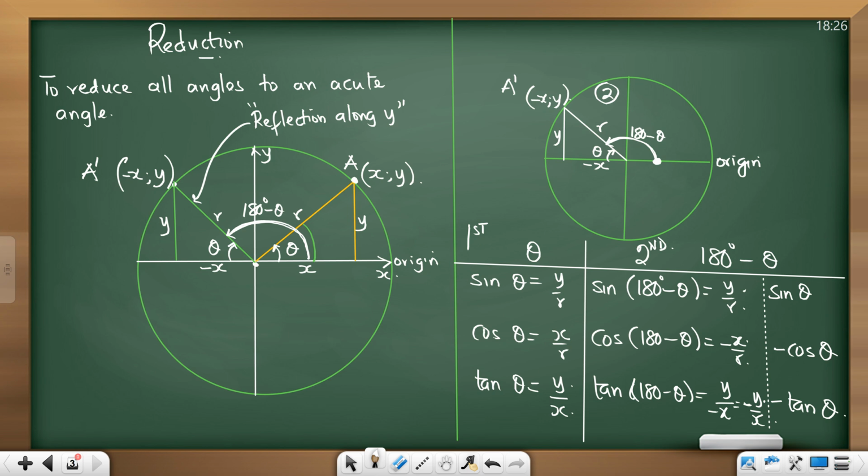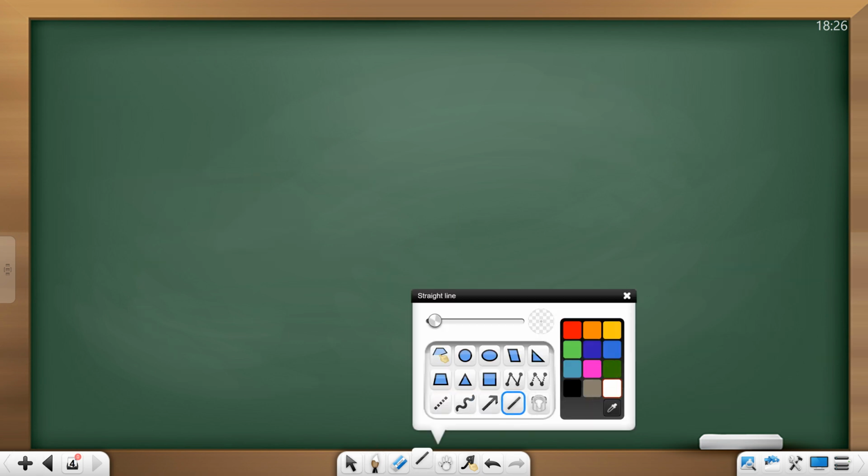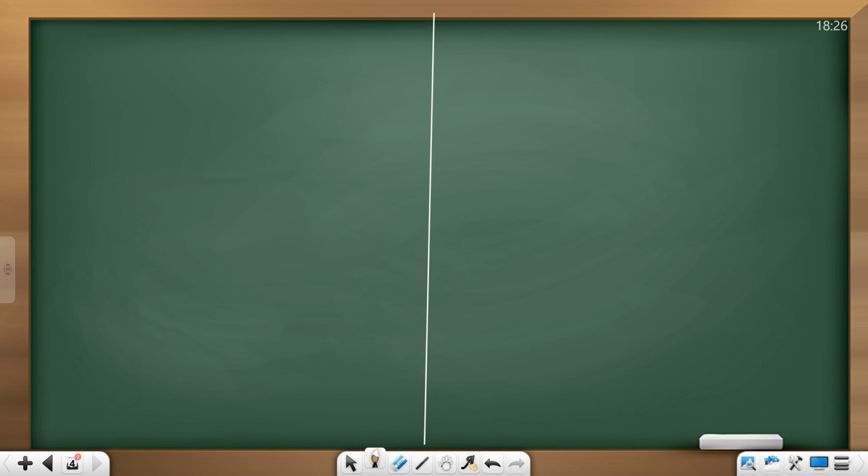Okay, my good learners, this is the crux of my whole preaching all along. Sine 180 minus theta is actually the same as sine theta. Cos 180 minus theta is the same as negative cos theta.